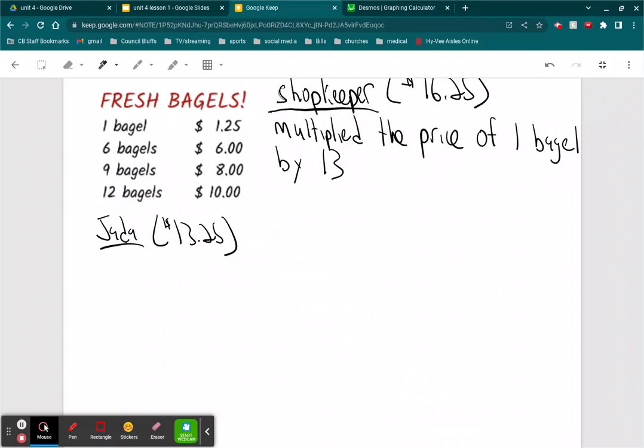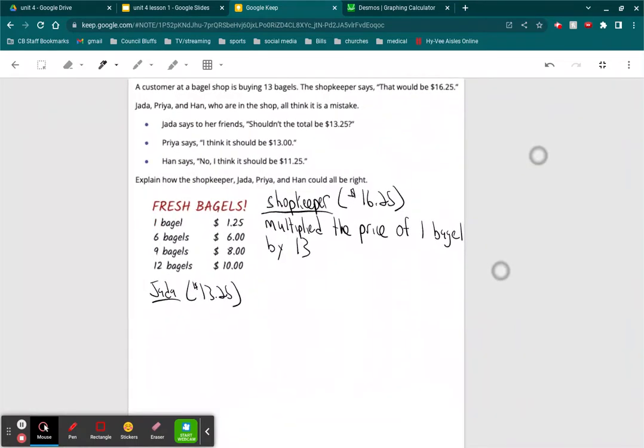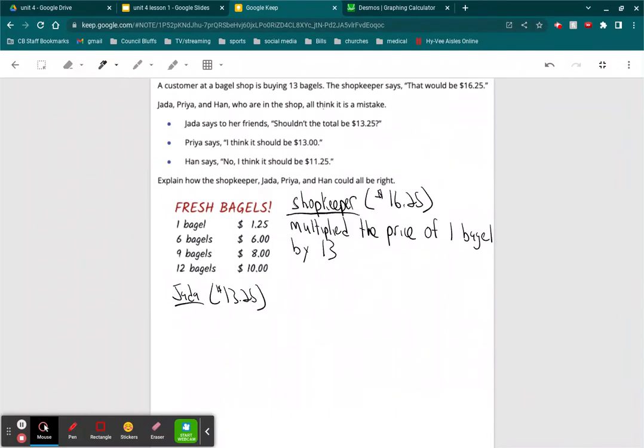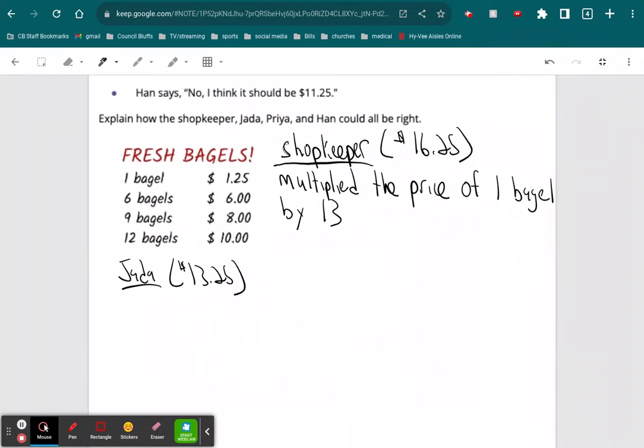So hopefully we can see, if 6 bagels are $6, if I multiply that by 2, that would give me $12, and then add another one, because remember, we're buying 13 bagels total. So if you do 6 and 6 and 1, that gives me $13.25. So let me write that out to make it a little bit more clear.